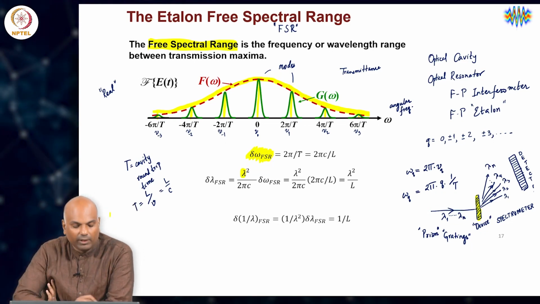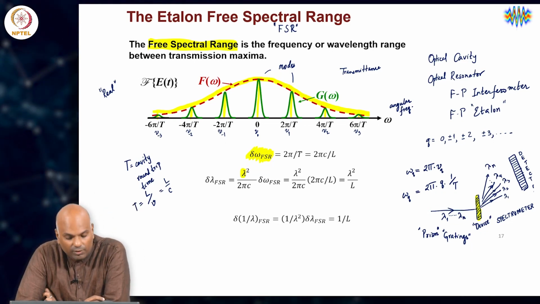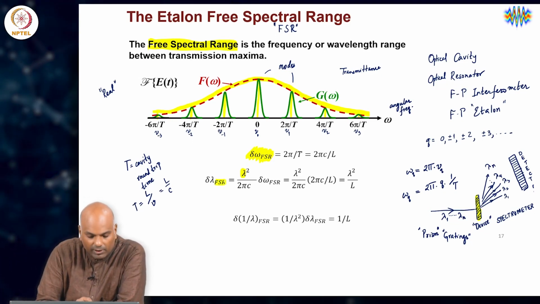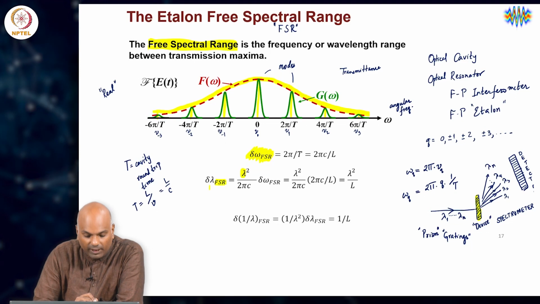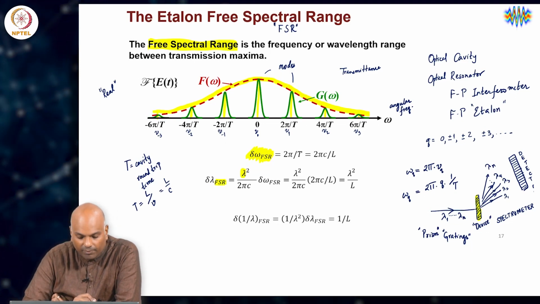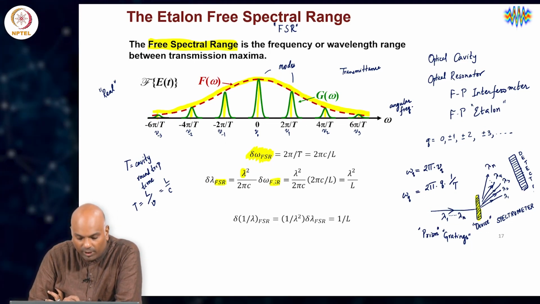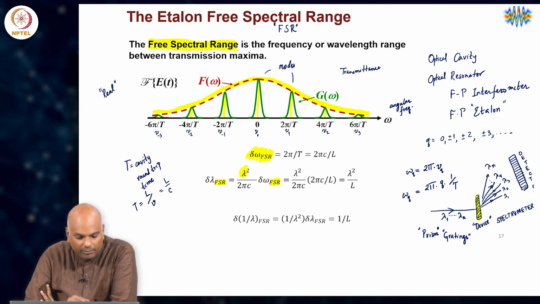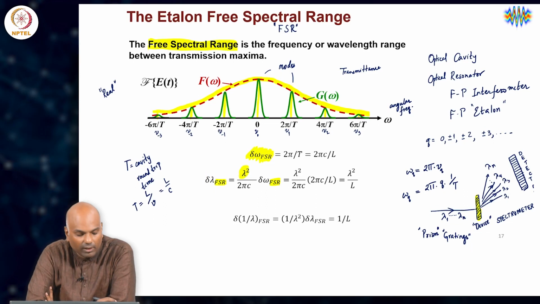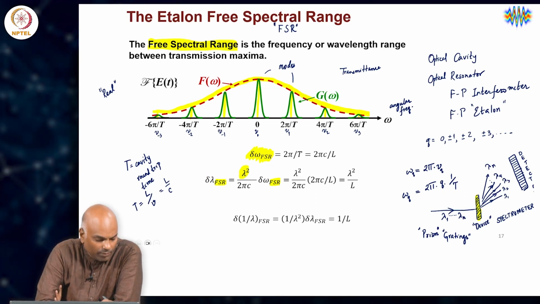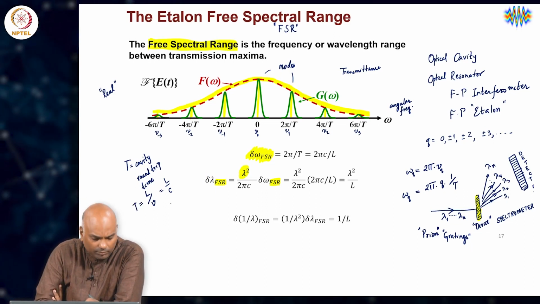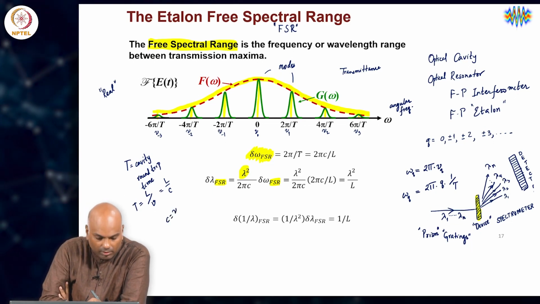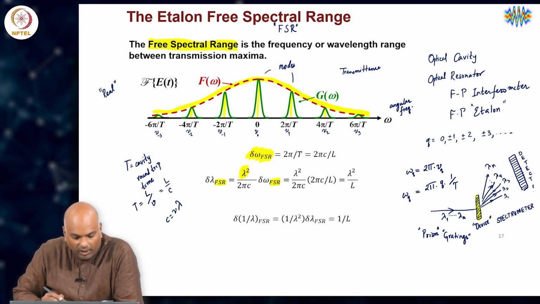So, let that be what it is, but our idea here is to simply convert the FSR, the frequency free spectral range, from the frequency domain, that is domain of nu and omega, into the domain of lambda, the wavelength. Okay. But we of course know that c is nu lambda, right.